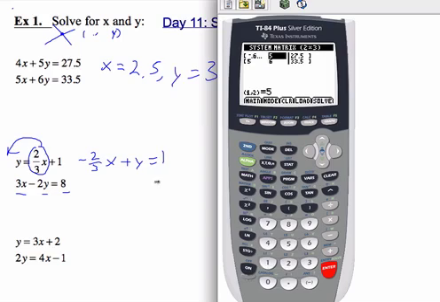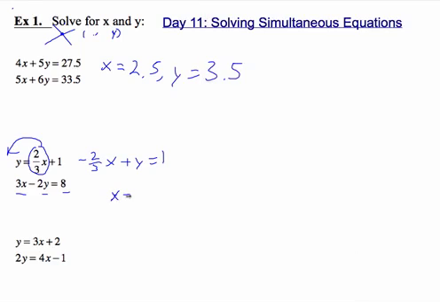We have 1 is the coefficient of y, and then 1 is the constant. Here we have 3, negative 2, and 8. We click solve, and we get 6 and 5 as our solution.